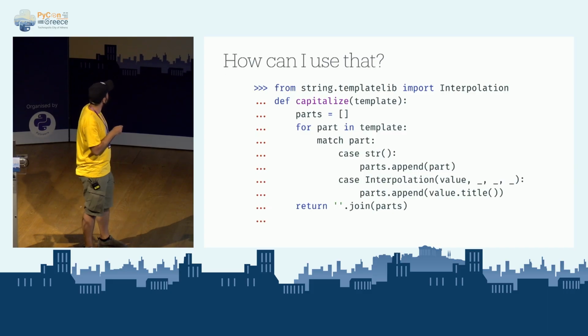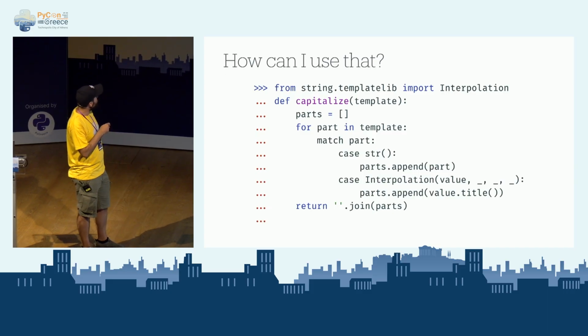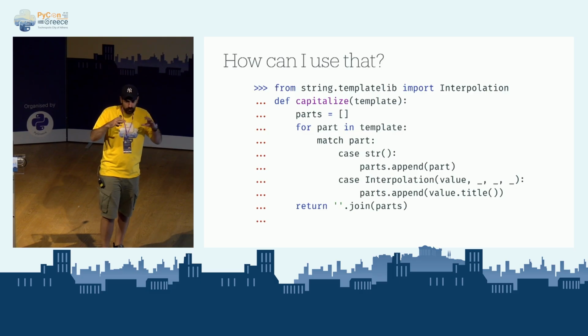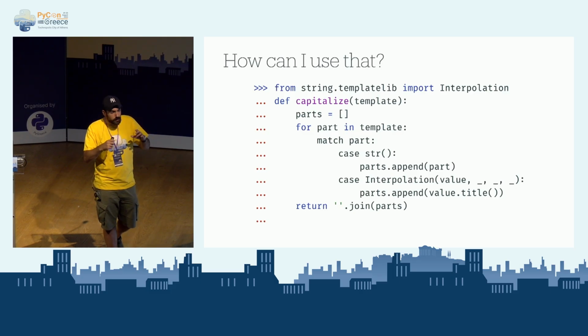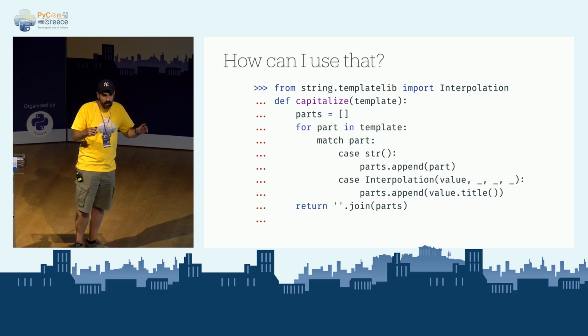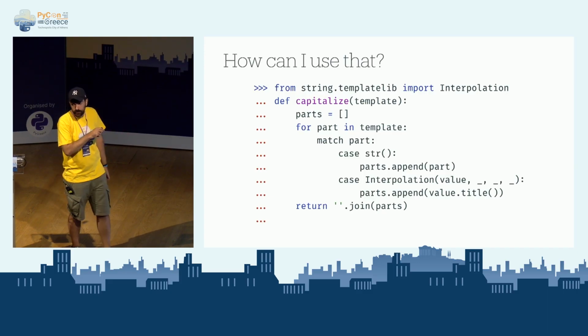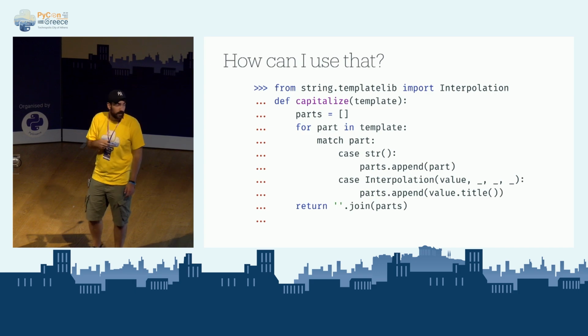In this specific utility, any string parts, so all of the things that are not interpolated, that are actual string literals, we use as they are, but for any interpolations we call title, so they're going to be capitalized.